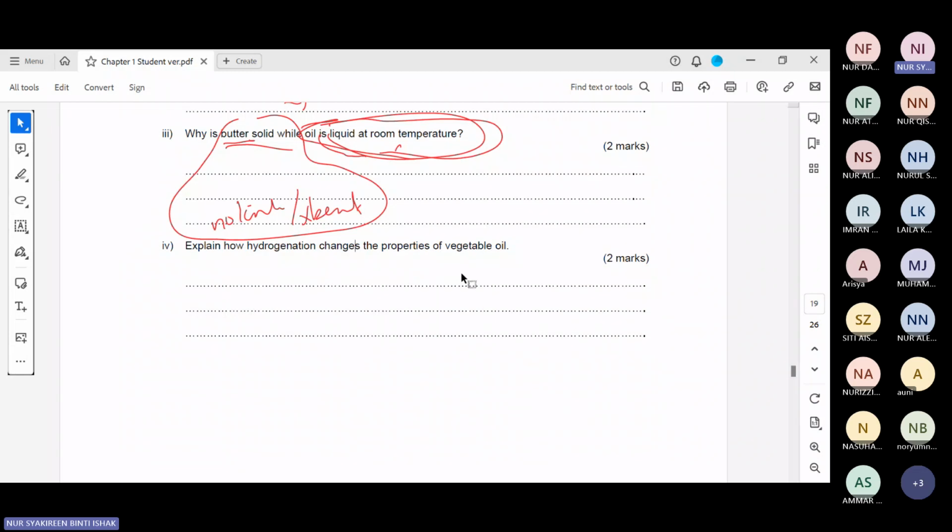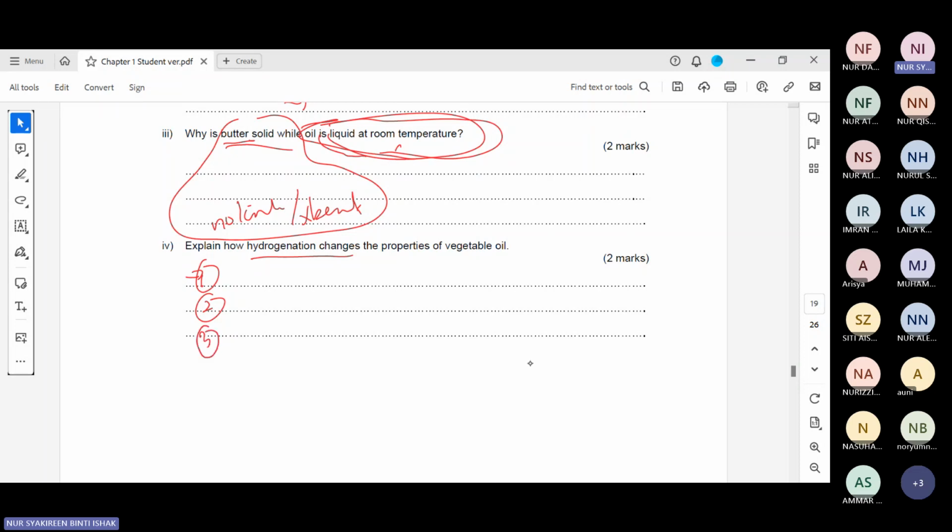Okay, so explain how hydrogenation changes the properties of vegetable oil. Okay, so hydrogenation, it converts unsaturated fats to saturated fats. First point, converts unsaturated fats to saturated fats. And then second point, macam mana cara tu berlaku? By adding hydrogen atoms.